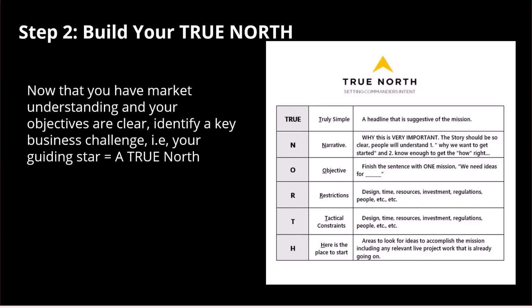An objective, what do you want to do? Restrictions, what don't you want to do? Tactical constraints, where are you blocked? And H is a place where here's some ideas to get things started. Now, if you look within an innovation team, the most likely mistake that's going to be made is at the alignment stage, which is where people are solving the wrong problem. This is really, really important stuff.